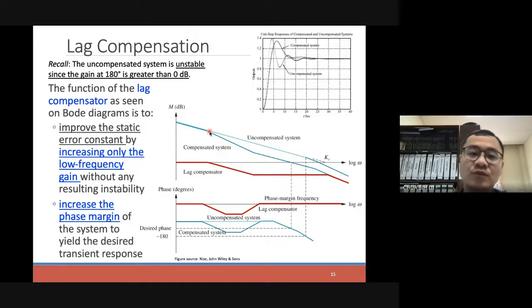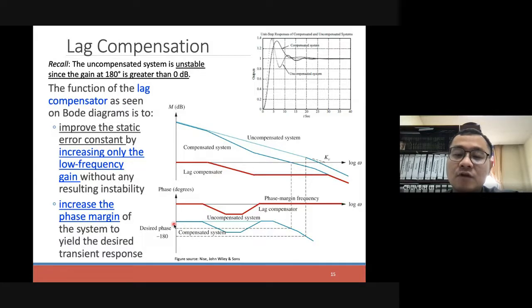If you use the table, you will find that this point will decrease to this point. You draw a straight line, and so on. This is how the compensated system will change due to the implementation of the lag compensator. This is the effect of our lag compensator.